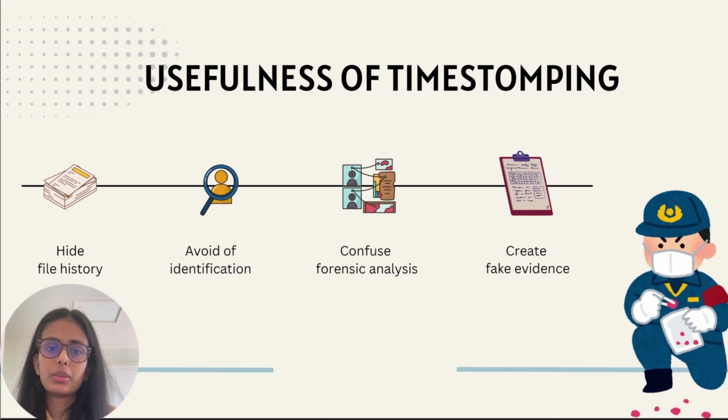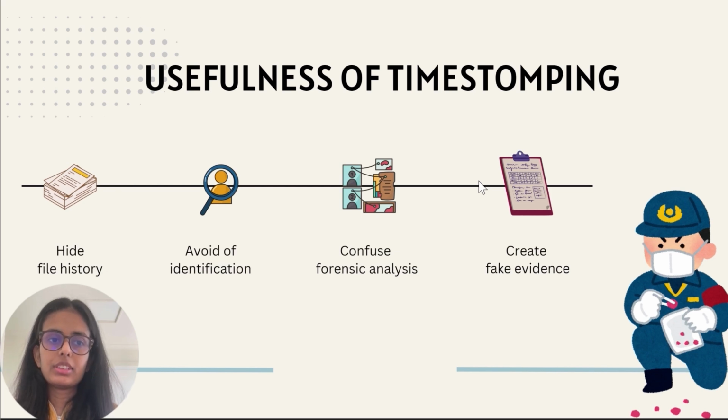Now I'm going to talk about the usefulness of time stomping. The first one is hiding the file history. If someone wants to hide the true timeline or the file history, they can use time stomping. If they want to change the creation time, last written time, or the last access time, they use this technique.